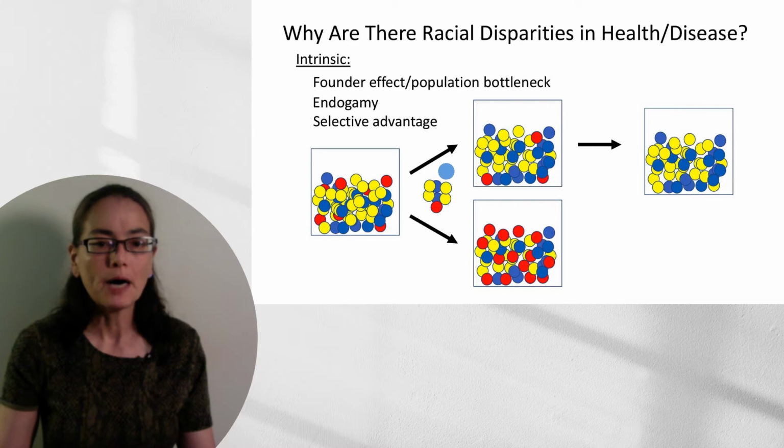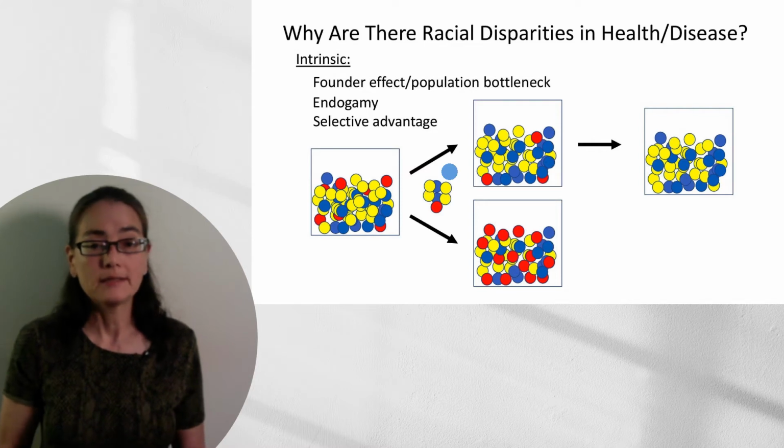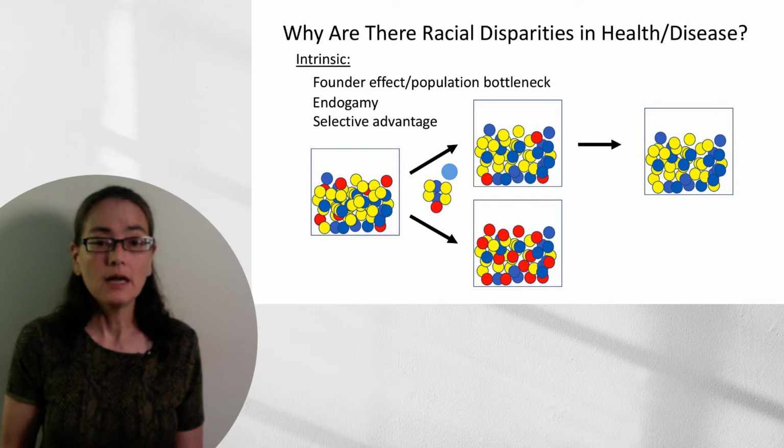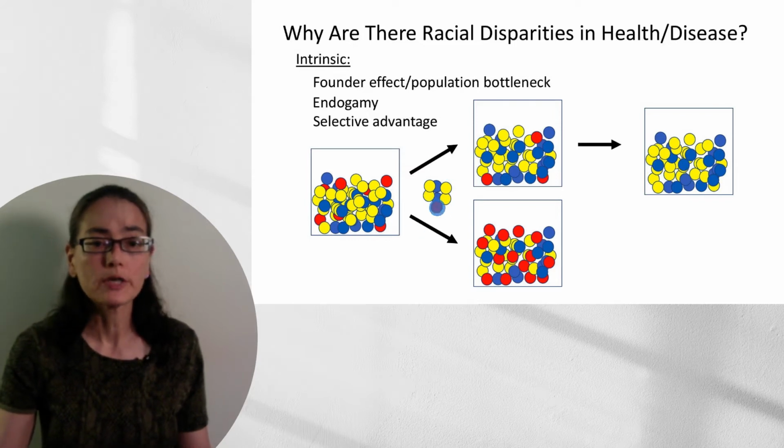If you have a small population that heads off, either because, for example, their population was decimated, as with the American Indian genocide, or the Holocaust for the Ashkenazim in World War II, you'll see that a rare allele may completely disappear as this population expands. In another instance, that allele becomes much more common through random assortment.